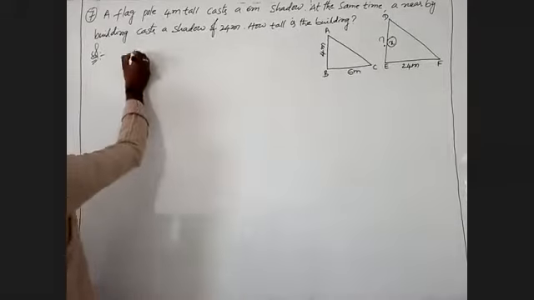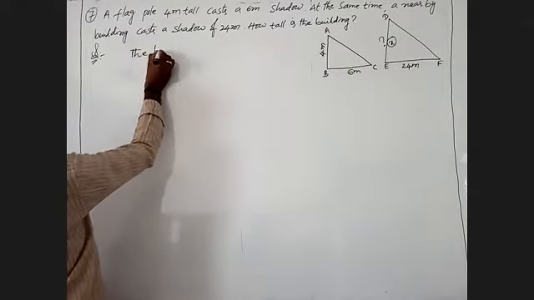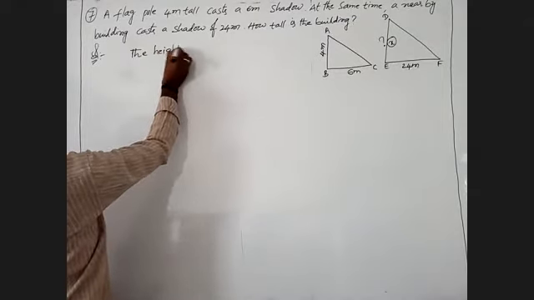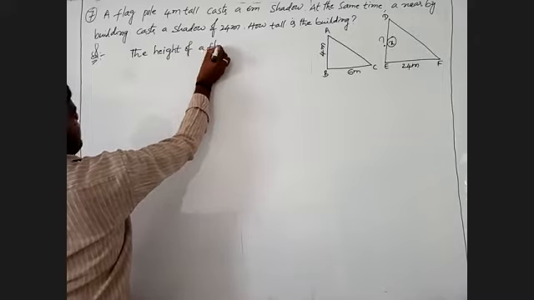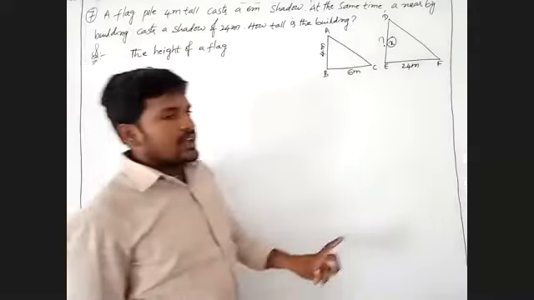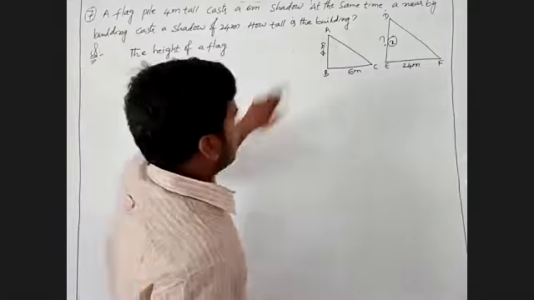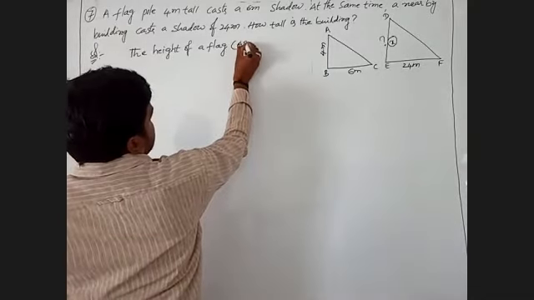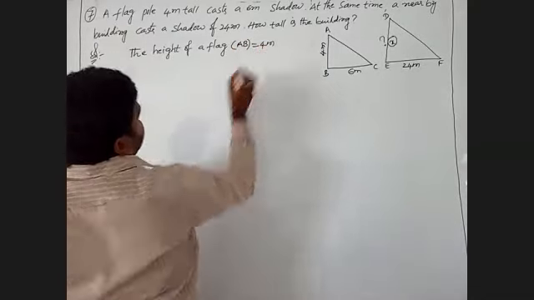the height of a flag. The height of a flag is nothing but AB. AB is 4 meters, given.